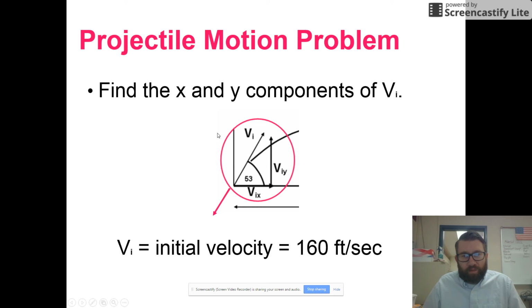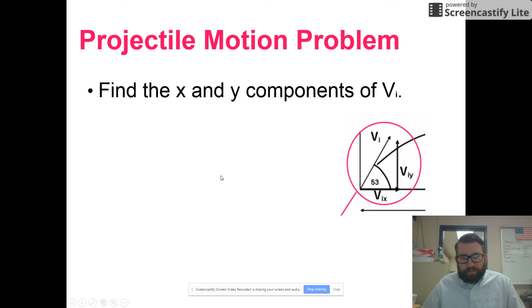Find the x and y components of VI. So VI initial velocity equals 160 feet per second. So VIX equals VI cosine of theta.